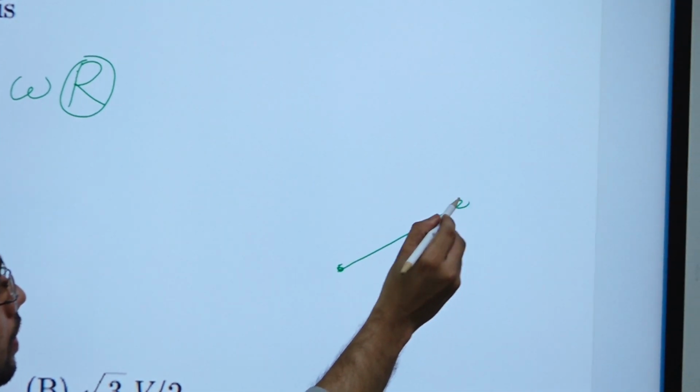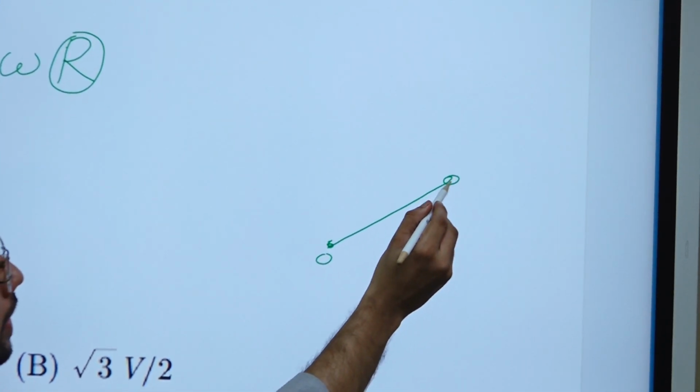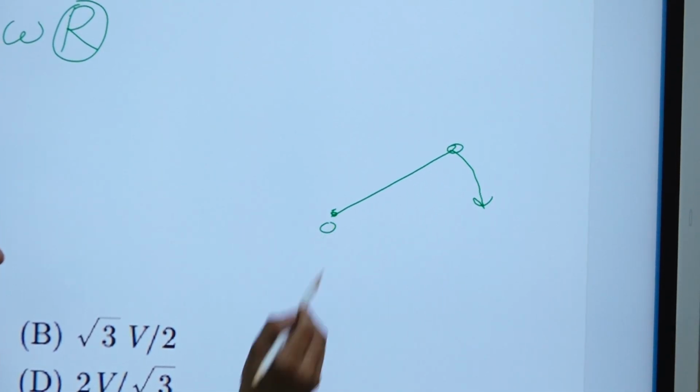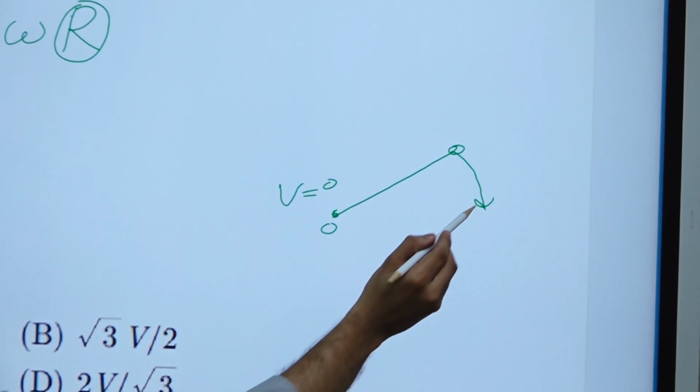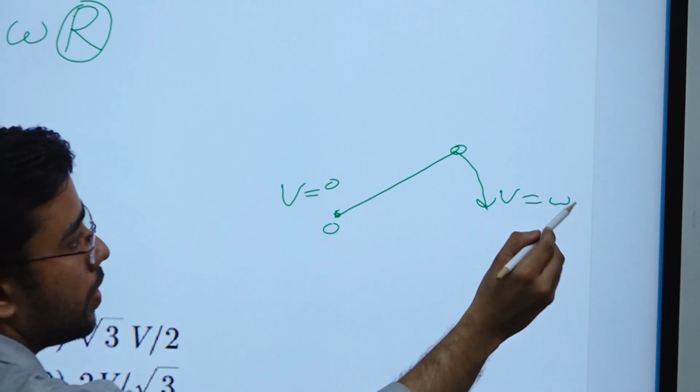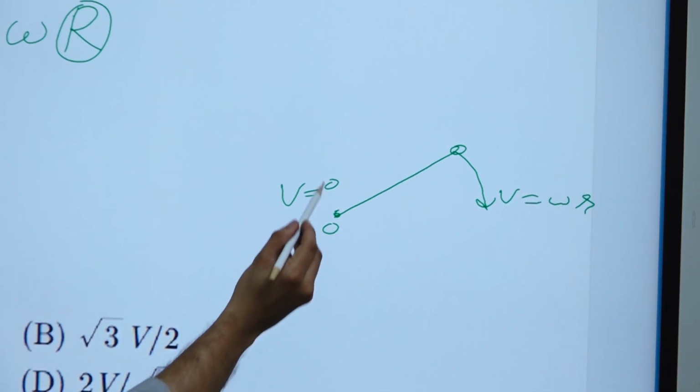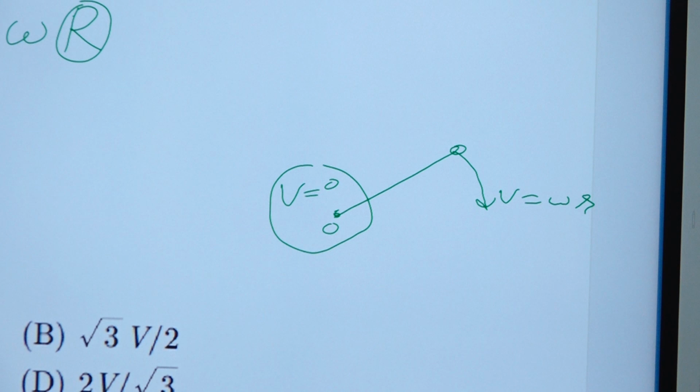Suppose a particle is rotating about a center point. This center point always has v equal to 0, and the particle always has v equal to omega r, right? So same thing we have to find out: whichever point has 0 velocity, that is the center point.